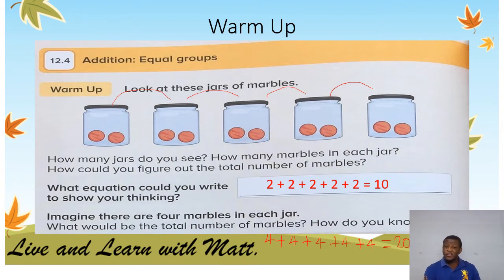So when we count in steps of 4, we have 4, 8, 12, 16, and 20. So we have 20 marbles in total. Now let's go to the workout and see.